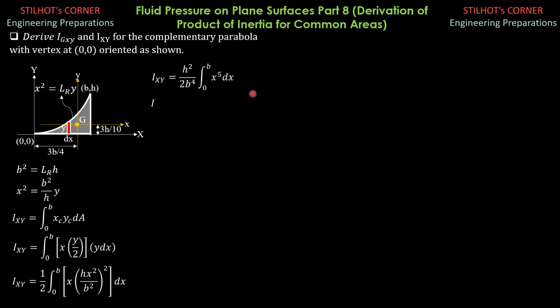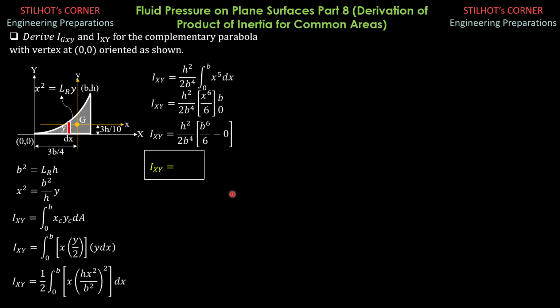So Ixy equals h squared over 2b to the fourth, then the quantity x to the 6 over 6 from 0 to b. The lower limit is just 0. Upper limit: Ixy equals h squared over 2b to the fourth times the quantity b to the 6 over 6 minus 0. Simplifying, we can now have Ixy equals b squared h squared over 12.